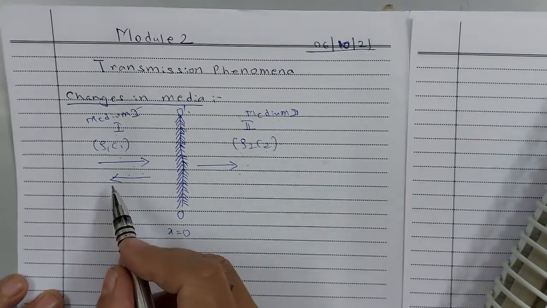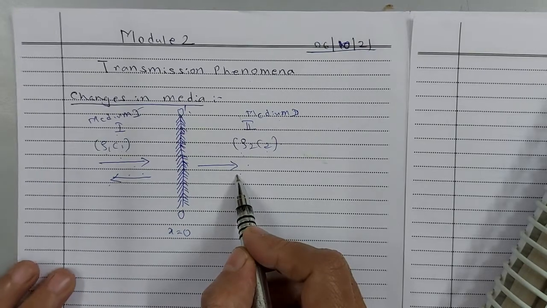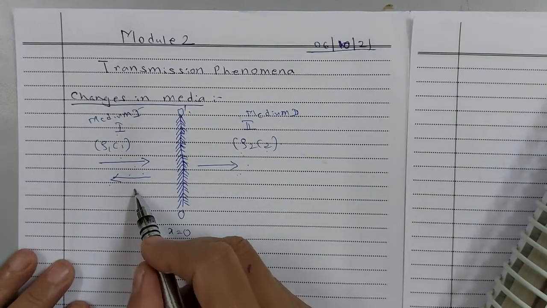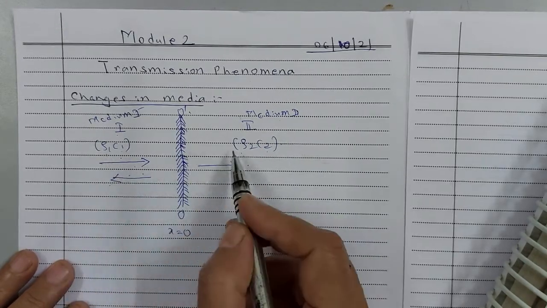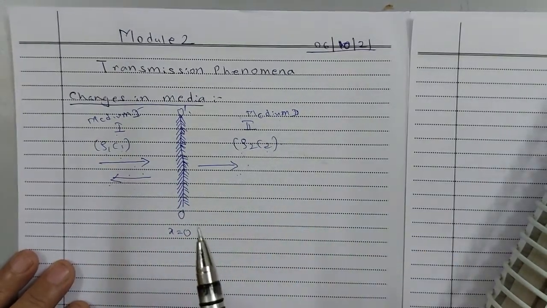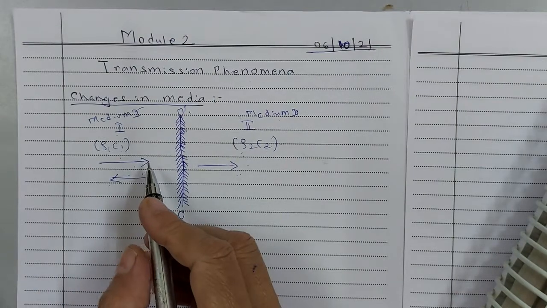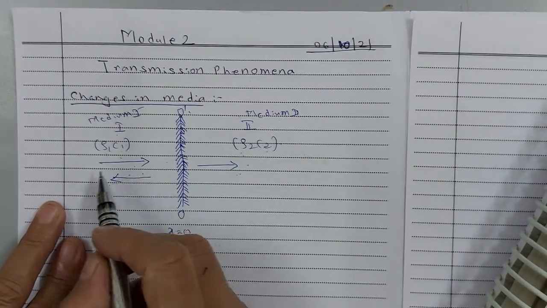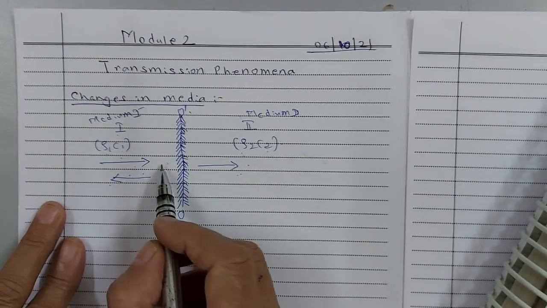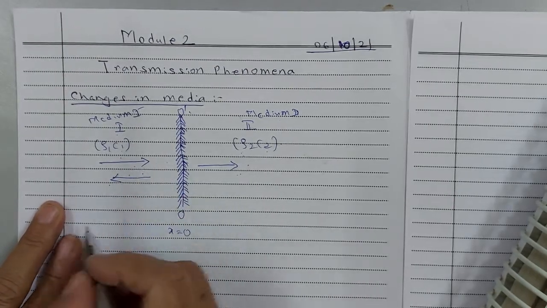Now, rho 1 and rho 2 are the undisturbed equilibrium densities of medium 1 and medium 2 respectively. Now, we will consider an incident plane wave traveling in medium 1 in the positive x direction.